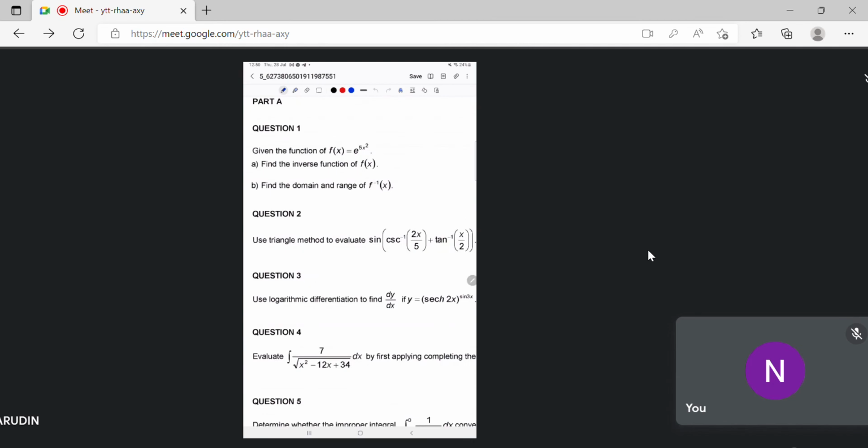So nak cari inverse, just let y sini y equal to sekian, and then jadikan x as a subject, so kita boleh dapat tahu dia punya inverse. Okay, untuk domain dengan range, as we know that kita punya domain untuk fx adalah sama dengan range untuk f inverse. Okay, ni pun samalah. Walaupun dia minta domain dengan range untuk f inverse, so better you tulis dua-dua ni, lagi senang kerja you.